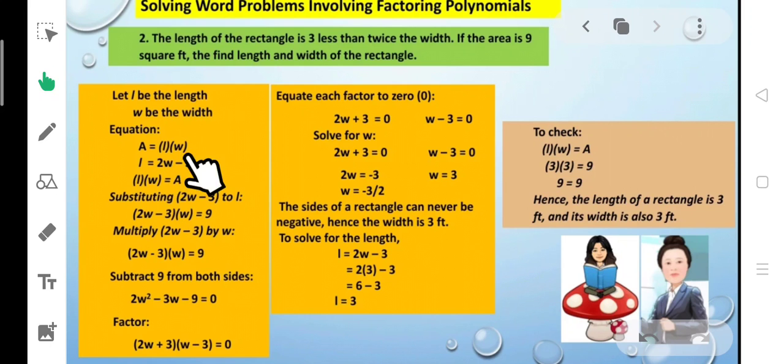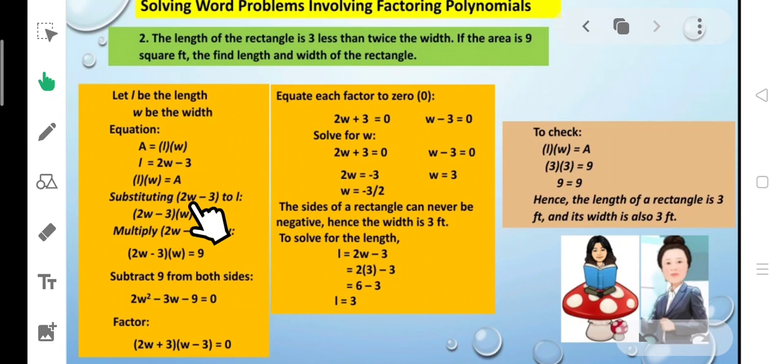Then we could rewrite this as L times W is equal to A. Then substituting 2W minus 3 to L, since 2W minus 3 is the value of L, we can substitute that to obtain one variable.